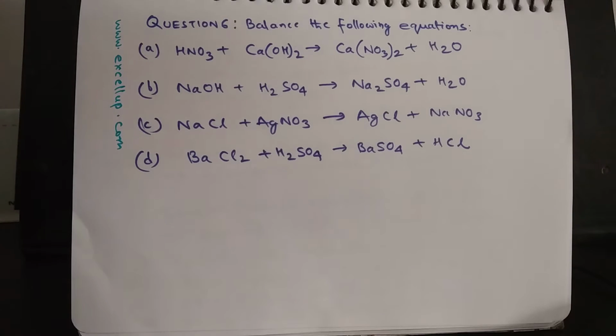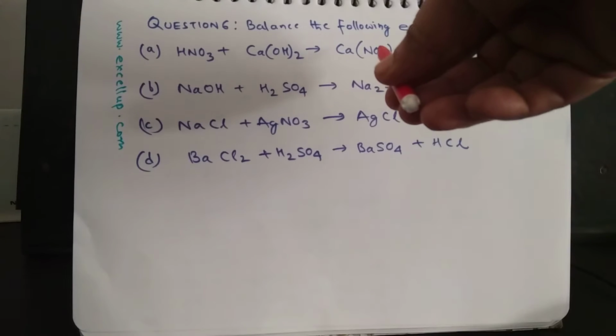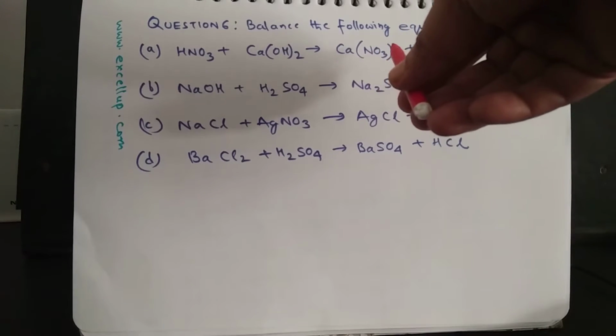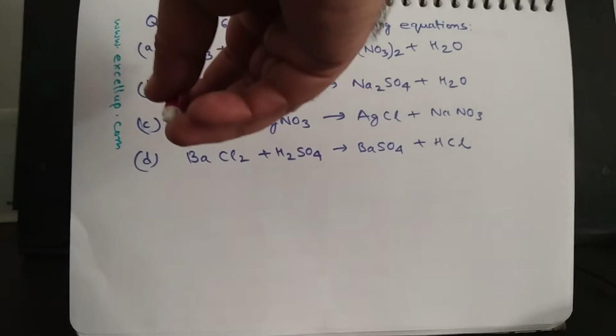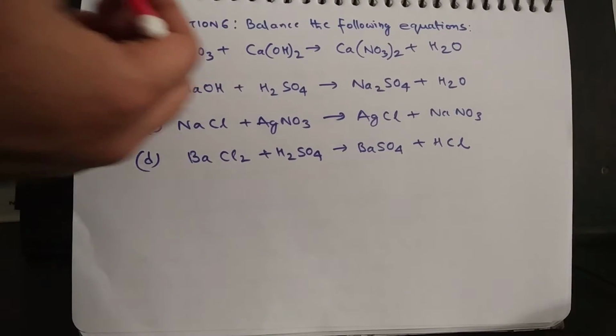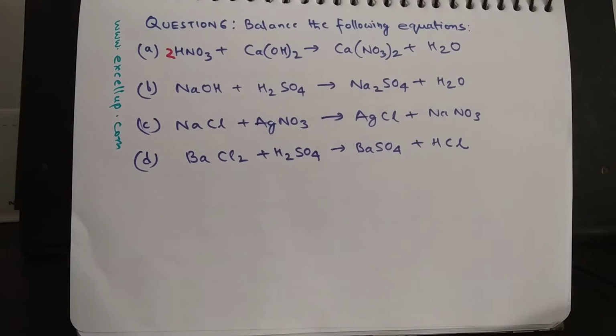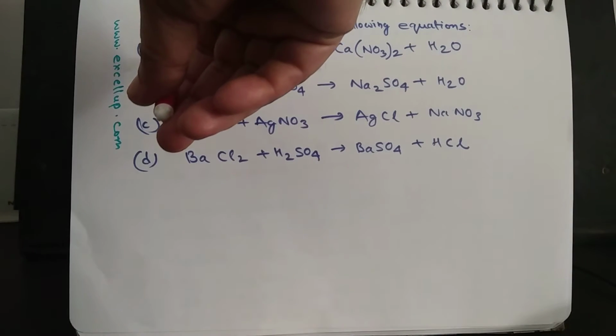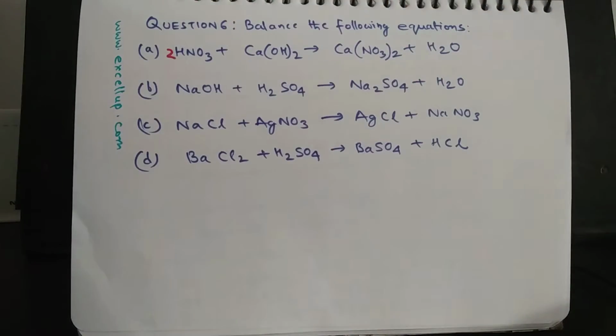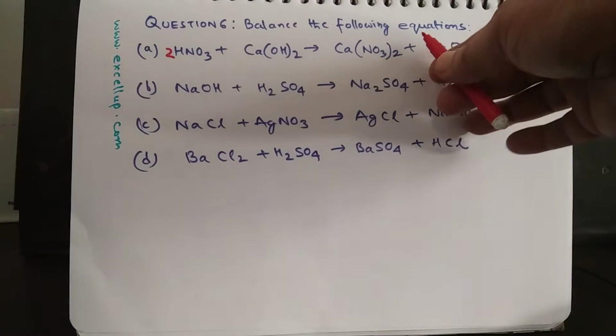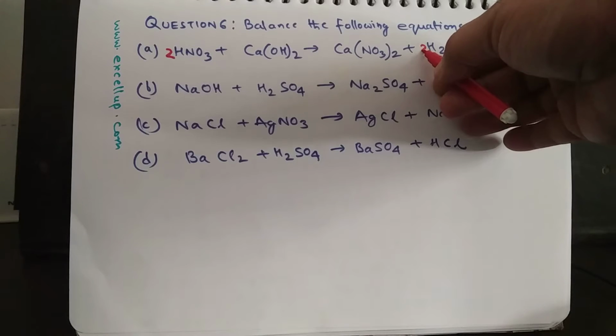So, nitrate, there are two radicals of nitrate over here and one here. So, in order to balance them, we will write 2 over here. Now, let us count the number of hydrogen atoms. Here are 2 plus 2, 4 hydrogen atoms. So, we will put 2 over here.